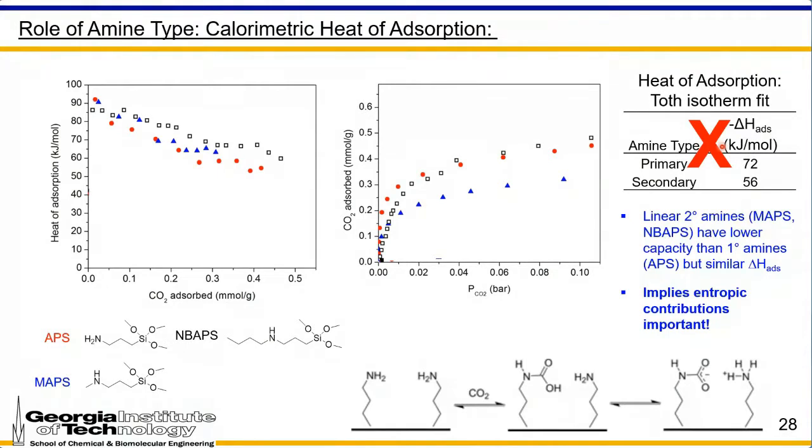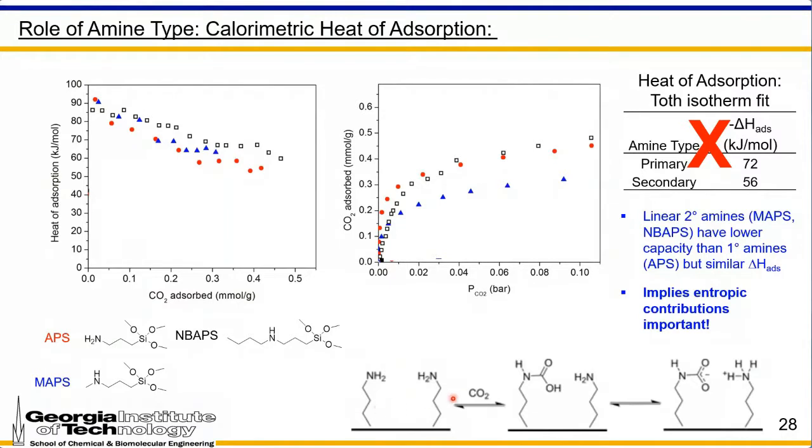And so if the enthalpy difference is not the driving force for one being better than the other, it implies that entropic contributions are important. And this makes sense if you consider the nature of the adsorbent itself. So by applying the Clausius-Clapeyron equation, we're assuming the entropy of adsorption is the same for all sorbents. But that's not the case when your binding site can move and wiggle and has motion associated with it.